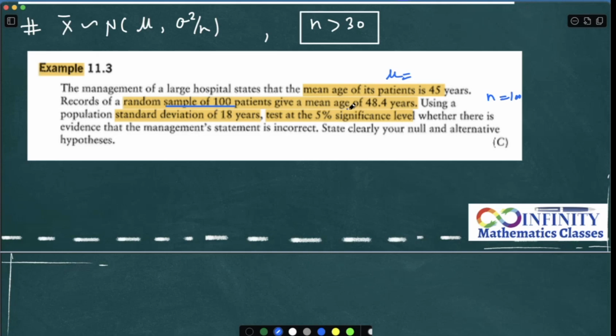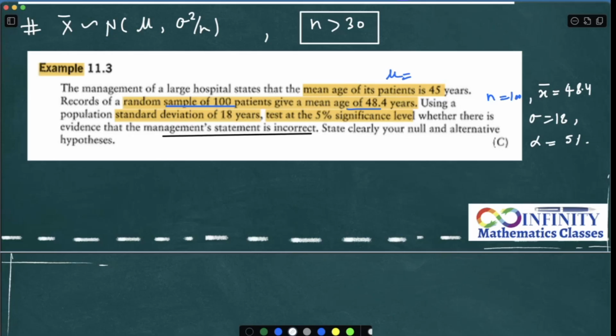The sample mean is 48.4 given to you. The standard deviation sigma is 18, and the level of significance is 5%. Is there evidence that management's statement is incorrect, not increasing, not decreasing, it is incorrect?